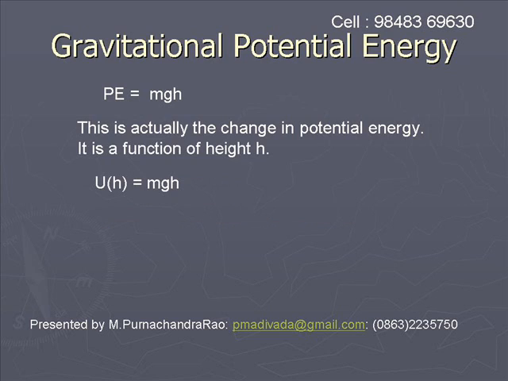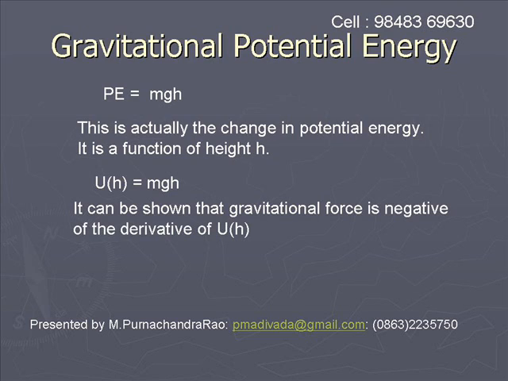Hence we write the potential energy as a function of height. So U(h) represents the potential energy as a function of h, that is equal to mgh. This can be shown that the gravitational force is the negative derivative of the potential energy function.